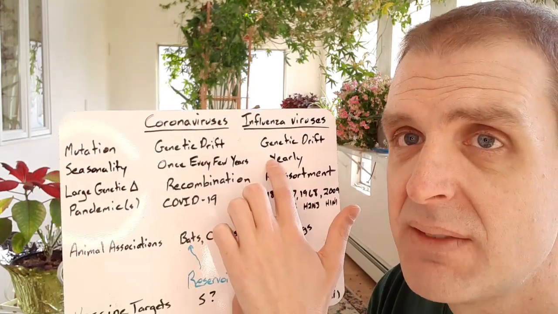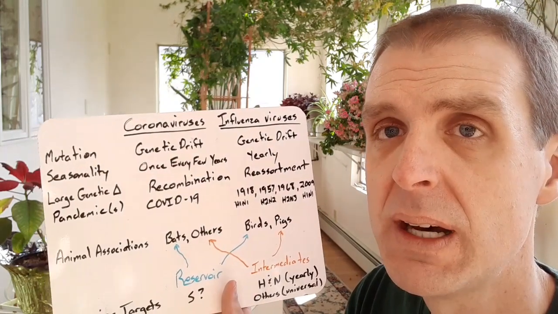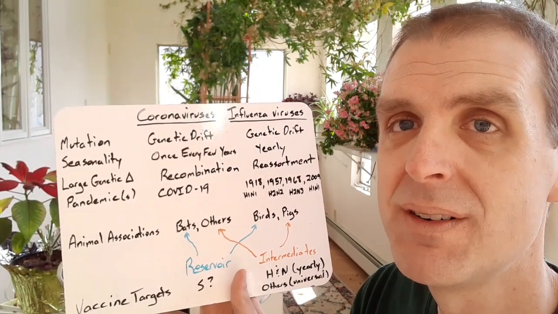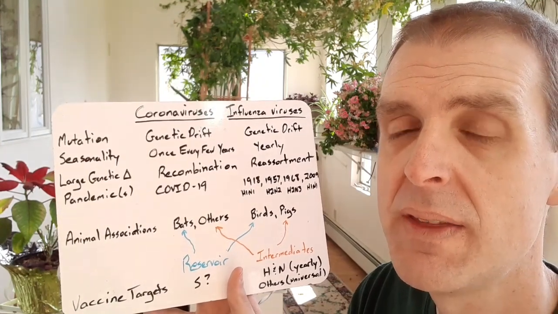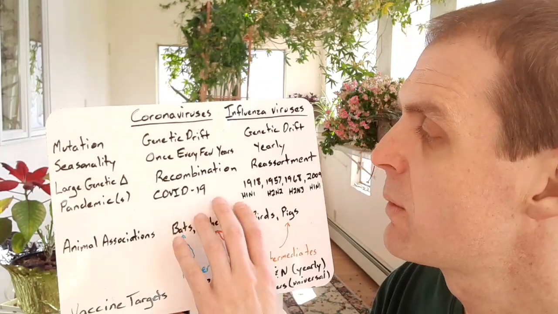In contrast, influenza virus has a definite seasonality where it gets transmitted around during December, January in the northern hemisphere, and then during what is our summer in the southern hemisphere, their winter.